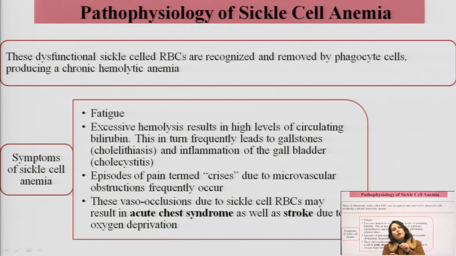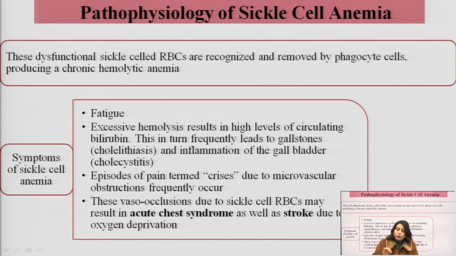Wherever it enters a very narrow capillary, it will result in an obstruction and will result in pain, because there is obstruction to the blood flow to that particular tissue or cell, and the cell is not receiving any oxygen in that area, so it results in pain, which has been termed as crisis. This occurs very frequently in sickle cell anemia.